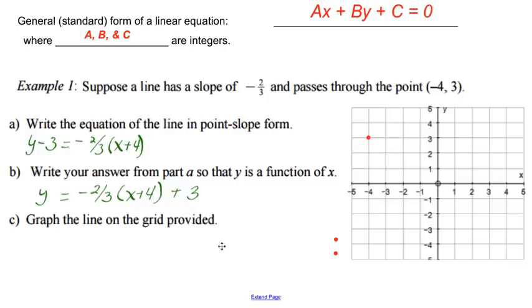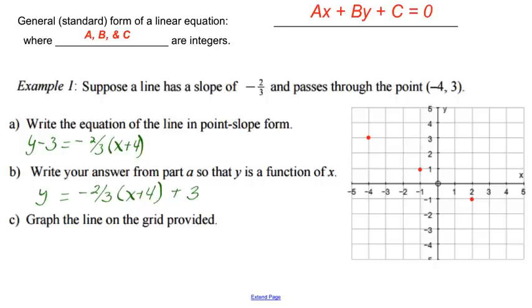And lastly, we want to graph the line on the grid. Well, I also already put in the one point here, that's (negative 4, 3). And then using our slope, we could put in another one where we go down 2 and right 3. And I could put another one in there as well, down 2 and right 3. And then let's go ahead and graph that line and see what that looks like.